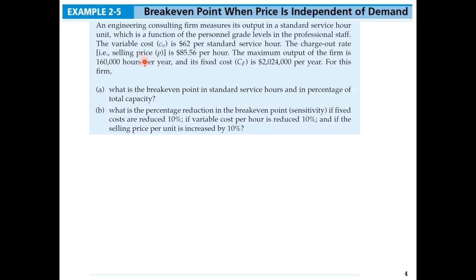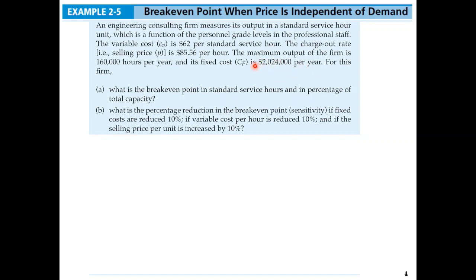Instead it may be said that the cost changes with the standard service hour, and it's $62 per standard service hour. From this statement, you should understand that this is the variable cost and it is CV. So be careful. Try to understand what these data are.